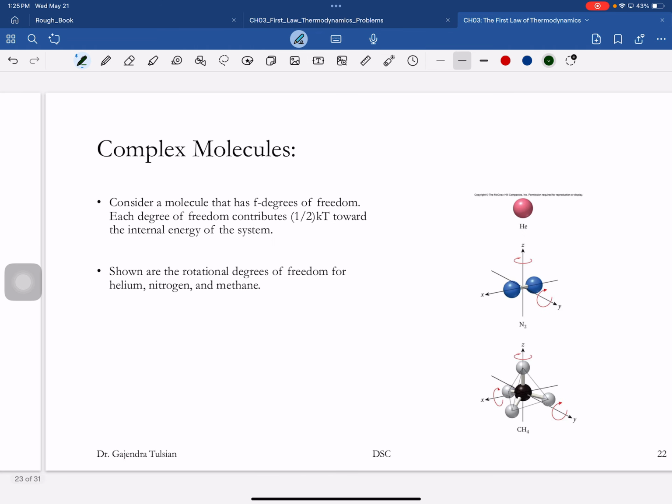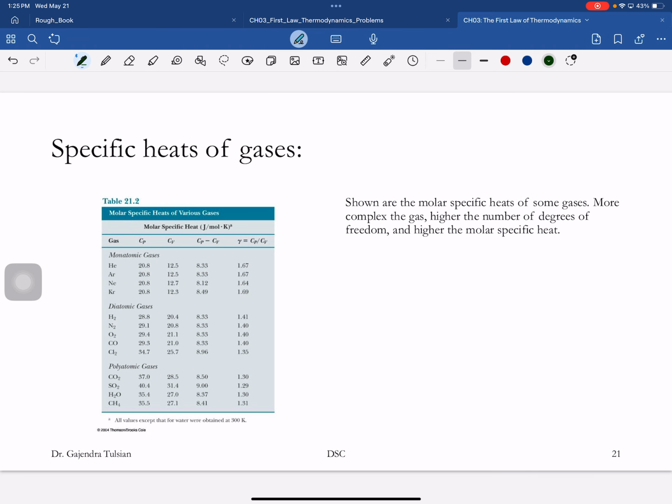So here's what we're able to say. The gas is a polyatomic gas. Okay. So just from those numbers, we're able to say this.